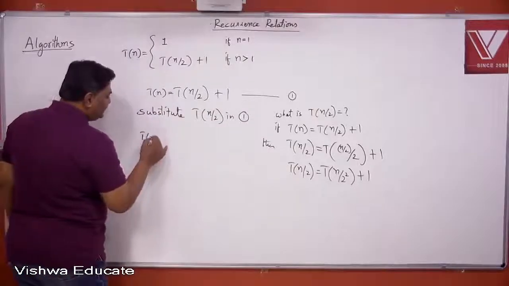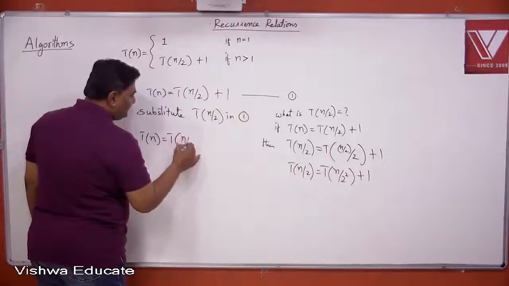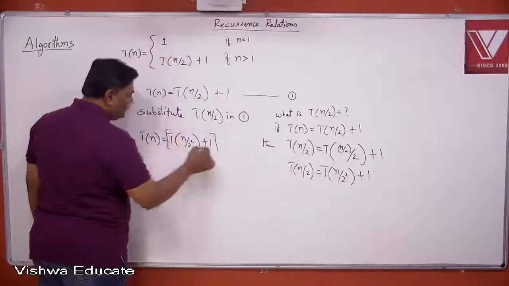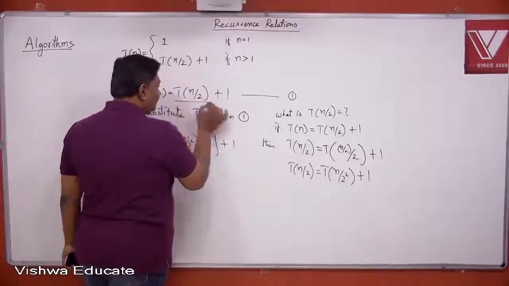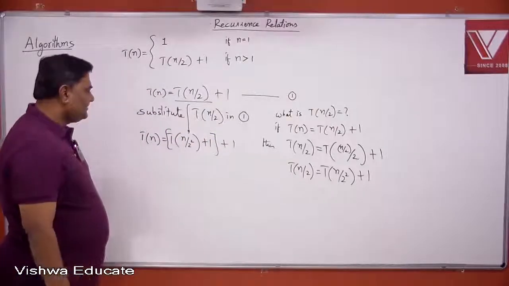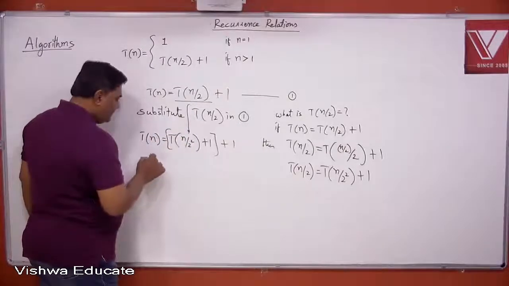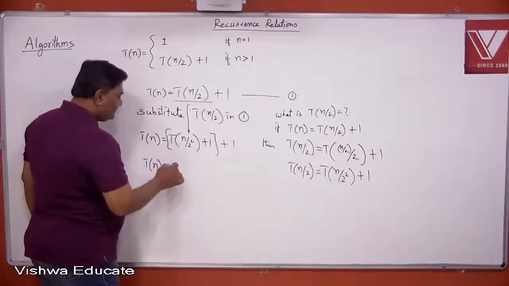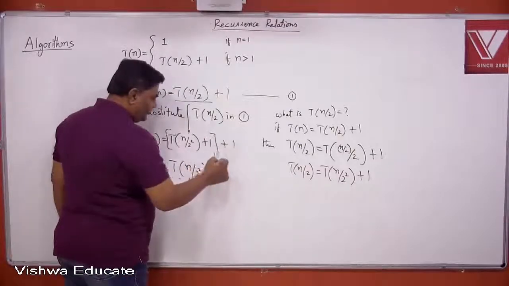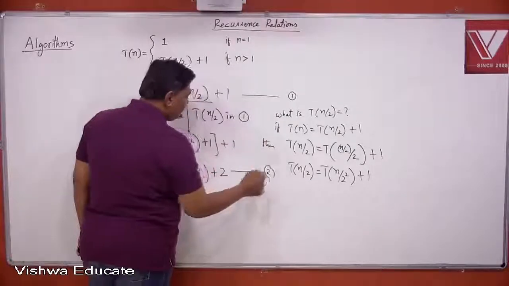So it will be T(n) is equal to T(n/2 squared) plus 1, then plus 1. Open this one: T(n) is equal to T(n/2 squared) plus 1 plus 1, that is 2. So this is the second equation.